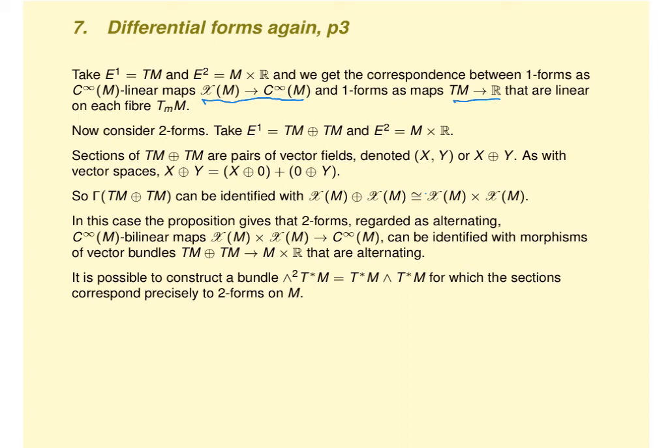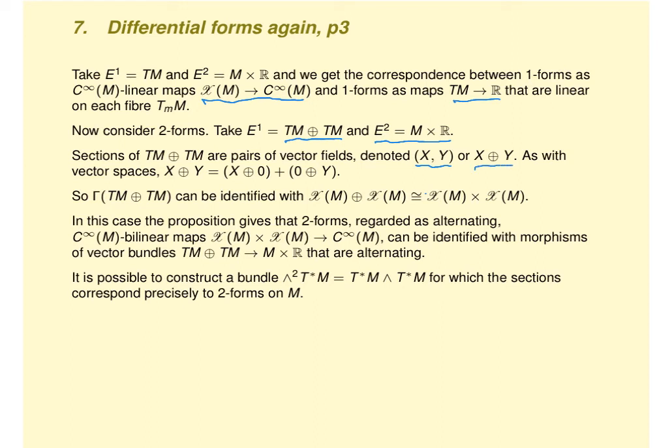So we extend this to two forms, and I'm going to do it like this. We'll take E1 just to be the direct sum of two copies of Tm, and E2 will still just be the trivial bundle m cross r. Sections of Tm direct sum Tm are pairs of vector fields, and we could write x comma y in brackets, or we could write x direct sum y.